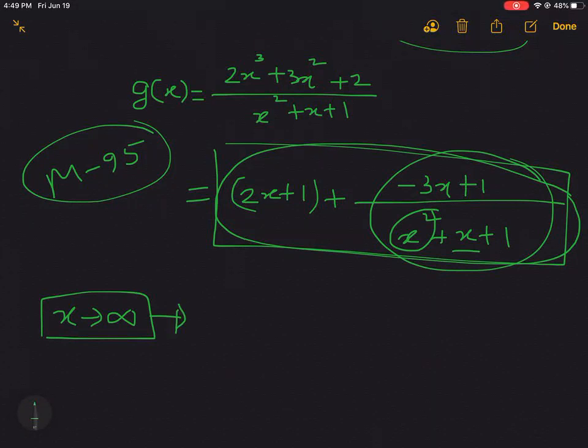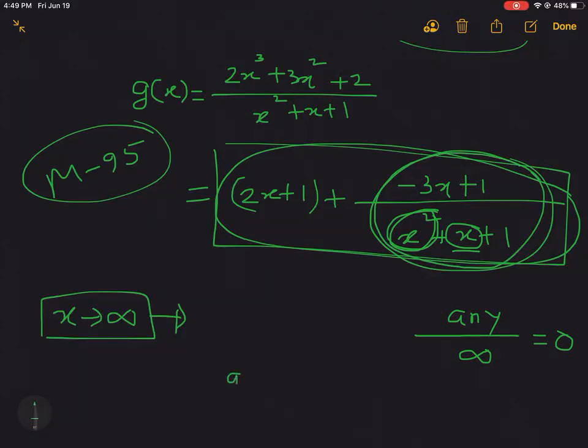This is difficult. So for now, we just need to remember that any number over infinity is 0. You can approximate it as 0. So if you plug in infinity here, the entire fraction will be 0.